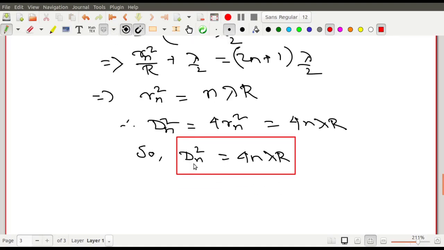So this is my dn square, and another important result that you obtained is that dn is proportional to root over n.